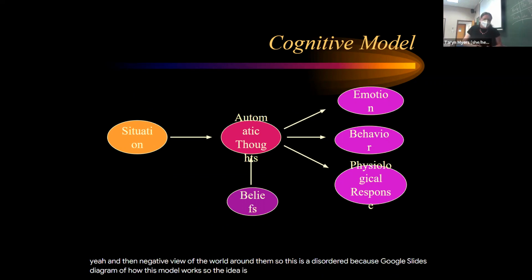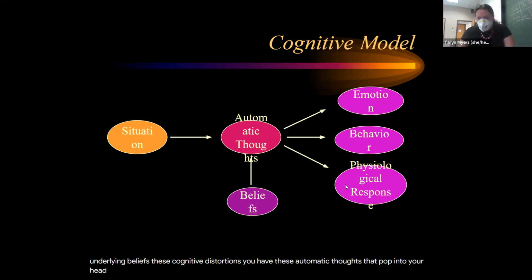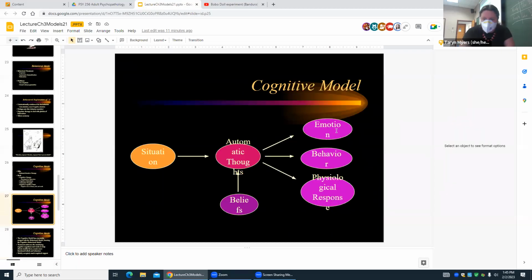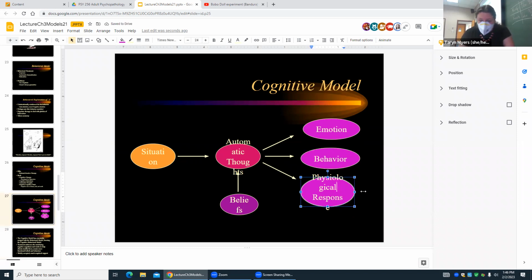So the idea is you're in some sort of situation, and because of these underlying beliefs, these cognitive distortions, you have these automatic thoughts that pop into your head. And those can lead to a whole host of consequences. They can lead to negative emotions, problematic behaviors, and they can even lead to physiological responses.